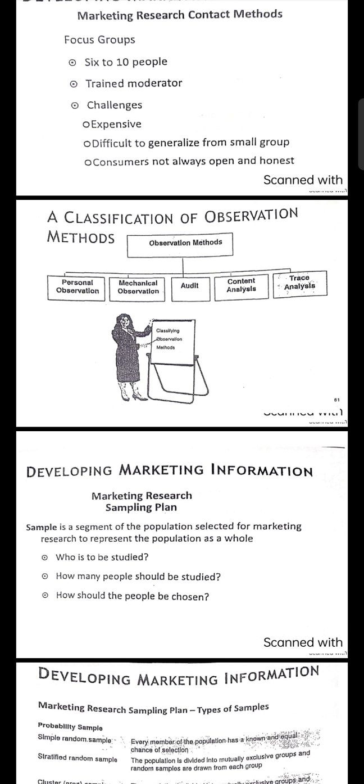So for example, when a developer has a land bank, they don't know what type of property they should build there. So they do a survey. They check with the people working around that location, and ask how many family members are in your house, something like that.